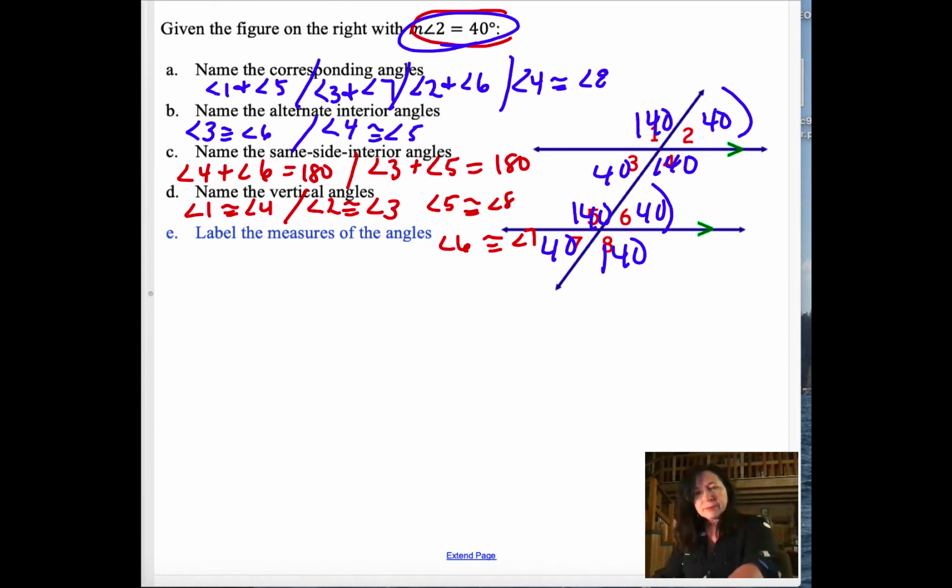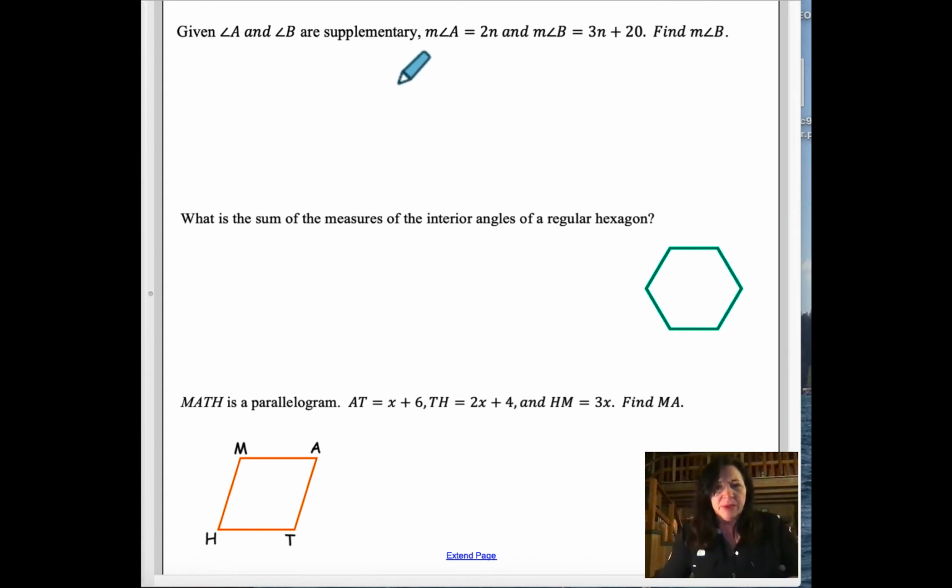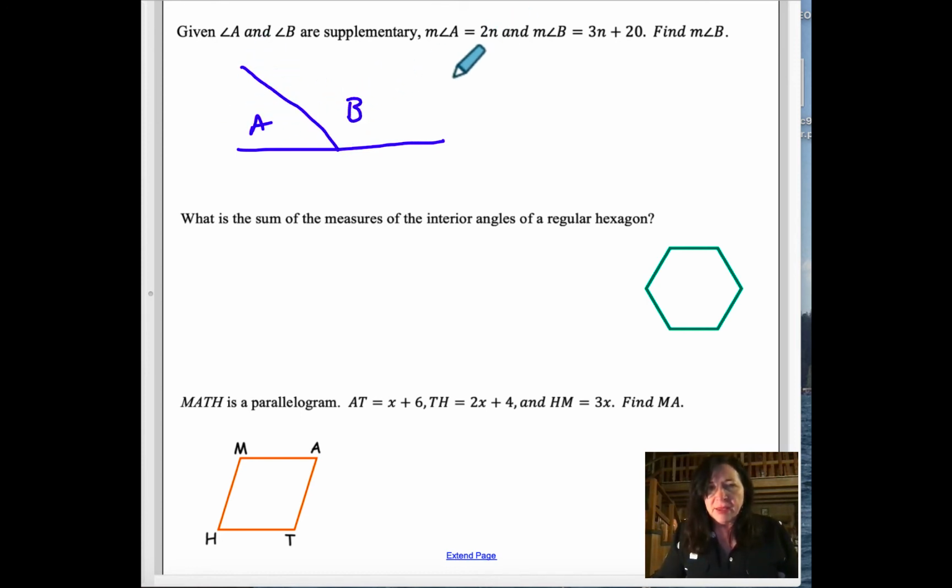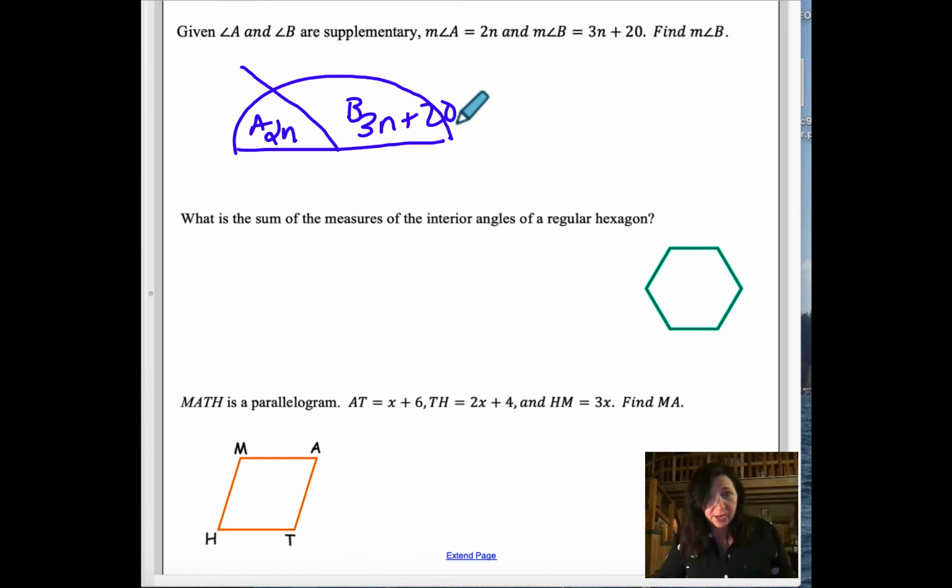Done. Given A and B are supplementary, that means they add up to be 180 degrees. So let's draw that picture. Here's A, here's B. The measure of angle A is 2n. And angle B is 3n plus 20. If these angles are supplementary, then they add up to 180 degrees.